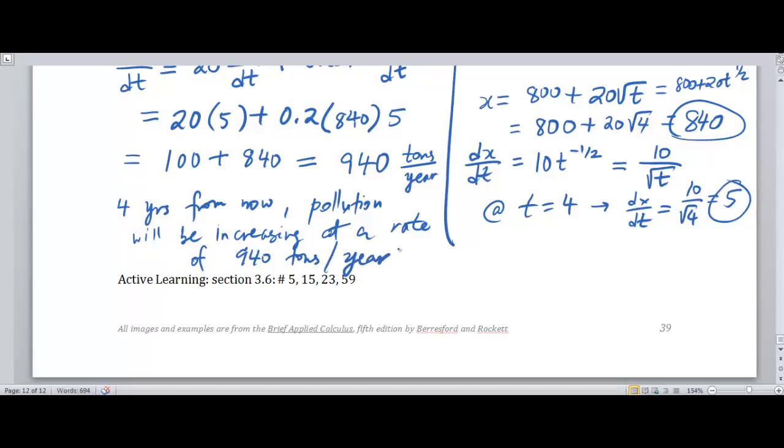It's kind of scary. That's a lot of tons of pollution. Okay. So again, this is a rate of change. It's not telling you it will be 940 tons. It's telling you it will increase by 940 tons a year.